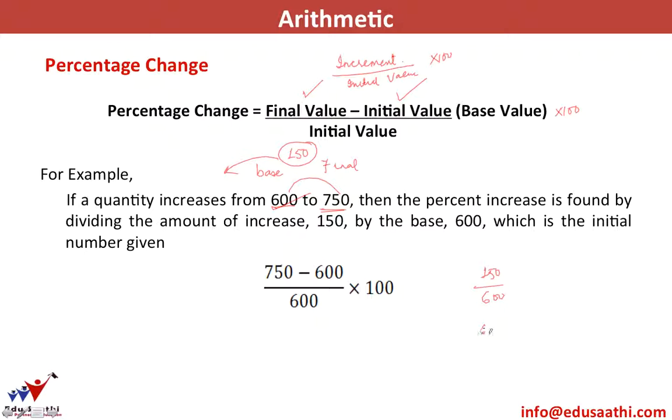That means if the base was 600, my increment is 150. If the base is 1, my increment is 150 over 600. If the base was 100, the increment would have been 150 over 600 into 100. So if I just solve this out, I would get my answer, which will be 25%.